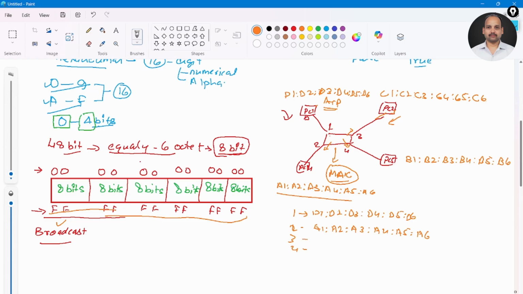Because this is a layer 2 switch, it knows where to forward since it maintains the MAC table. Once a packet comes from A1 for a known MAC address, it is delivered directly, and the switch does not send a broadcast.